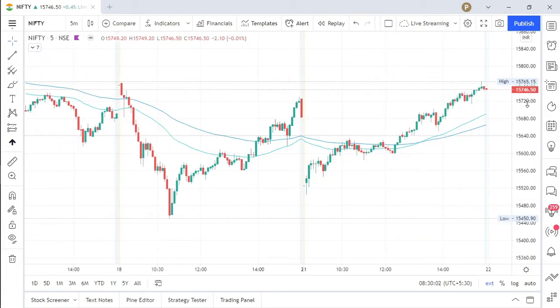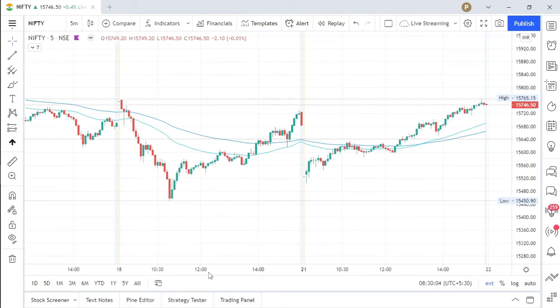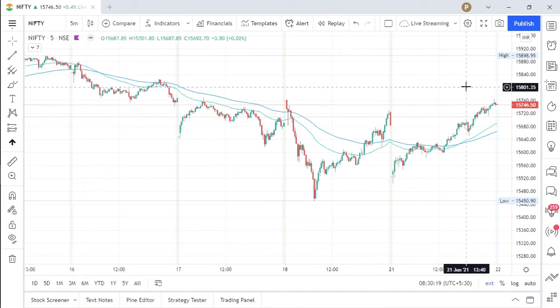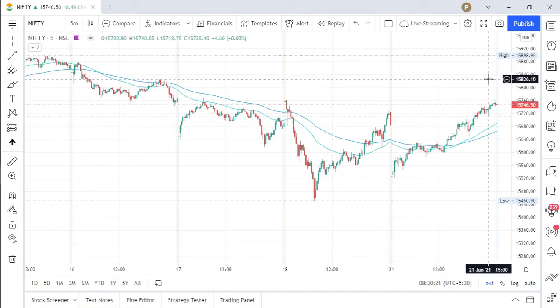For now, we are still in this positive zone. 15,820 is the first resistance point for us on intraday levels.